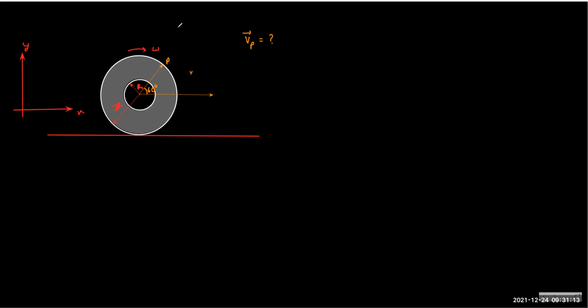Just wait, let me make it. Take the point P here, and this is let's say 2r. No, it's not, because 3r is the outer periphery, and r is the inner. Then 2r is somewhere in between. Now do this. Tell me the answer.